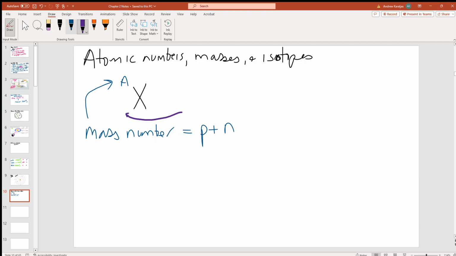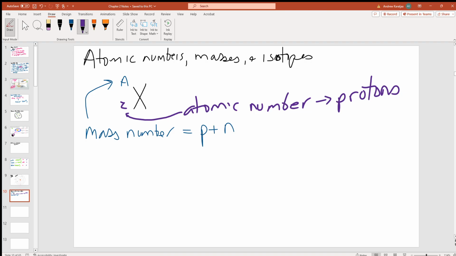And then we'll see sometimes a number down here, which is the atomic number, which we'll learn is just the number of protons. In fact, as we'll see later on in this section, the number of protons will actually define what the element is.